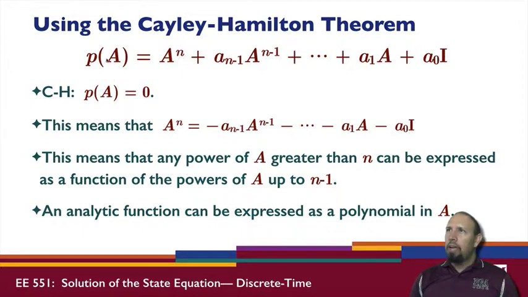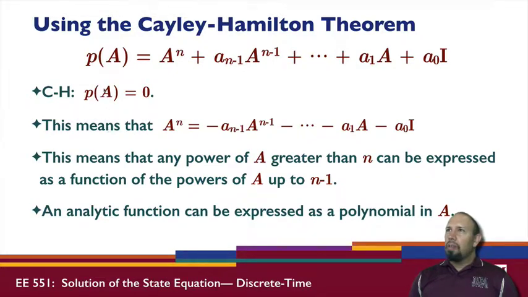So when we evaluate a polynomial at a matrix, we keep track of the fact that the 0 term is multiplied by an identity. The Cayley-Hamilton theorem basically says this: the characteristic polynomial evaluated at the matrix is equal to 0. That is, a matrix satisfies its own characteristic polynomial. That's one way of saying it.